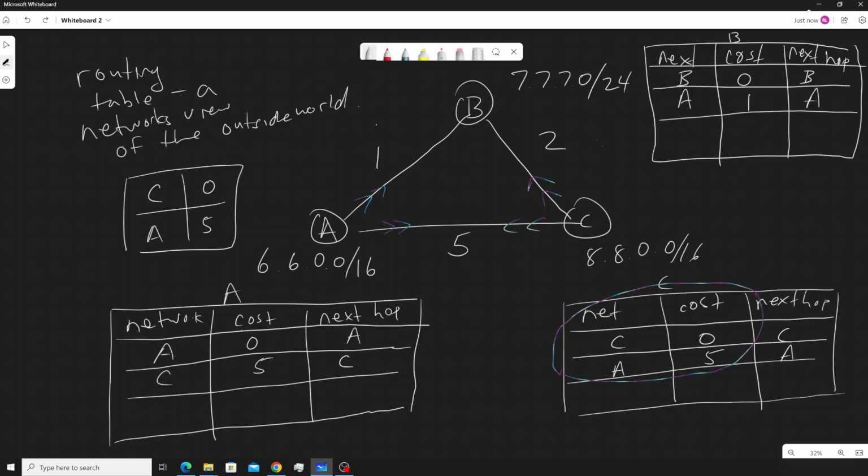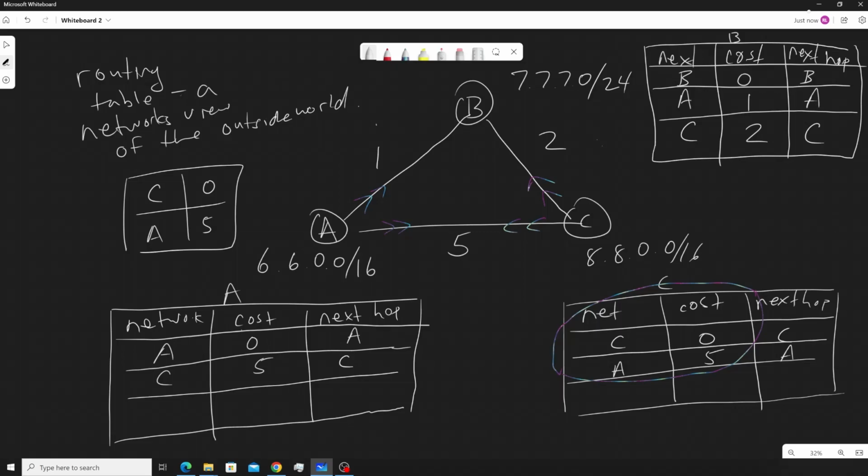Now this same distance vector also arrives on B. Okay, so B learns about C with a cost of 0 plus the edge cost of 2. So it has a total cost of 2 through C. That is, B can get to C with a cost of 2, and then C can get to C with a cost of 0. Okay, and we also have this one over here, A 5, and this is essentially saying that, hey, if you get your message to me, C, I can get your message to A with a cost of 5.